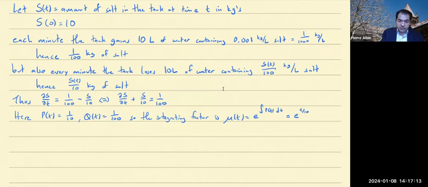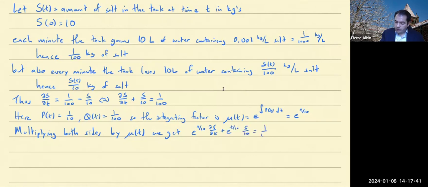Right, multiplying both sides by mu of t, we get e to the t over 10 dS/dt plus e to the t over 10 times S/10 is equal to 1/100 e to the t over 10, which we recognize as the left-hand side is the derivative with respect to t of e to the t over 10 times S. Right, and the right-hand side is just 1/100 e to the t over 10.